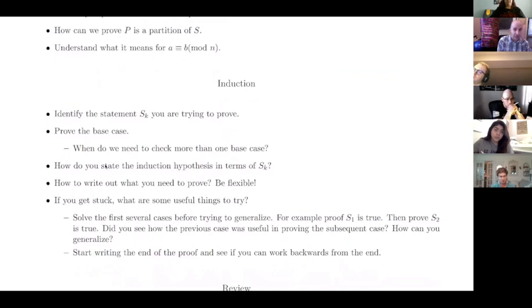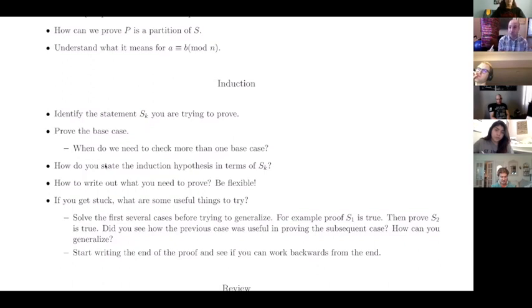And then kind of the other big portion of this was proof by induction. And so that is a very regimented process, which is great to have that structure to fall back on. But if you're having trouble, what you're ultimately trying to do is prove some statement that depends on some integer k.